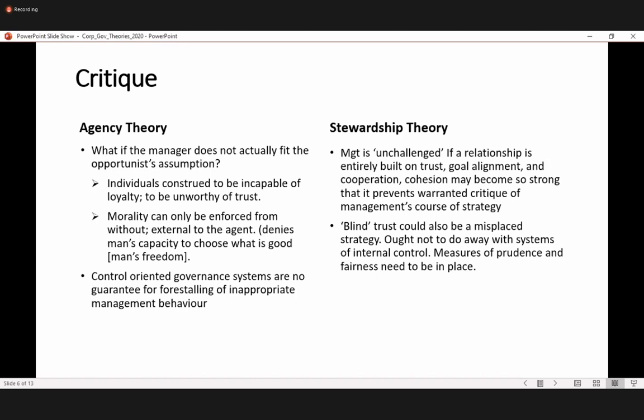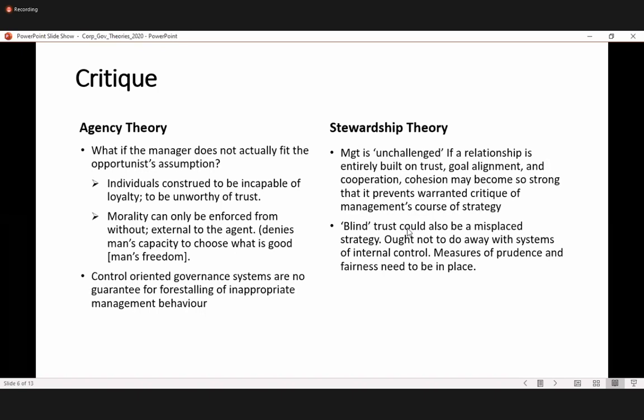If a relationship is entirely built on trust, goal alignment, and cooperation, cohesion may become so strong that it prevents warranted critique of management's course of strategy. They are not analyzed or evaluated, which is important. So blind trust could also be a misplaced strategy.